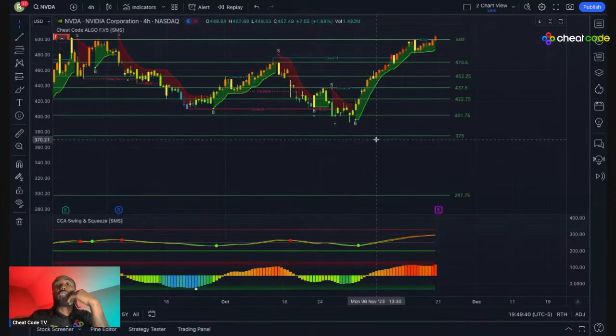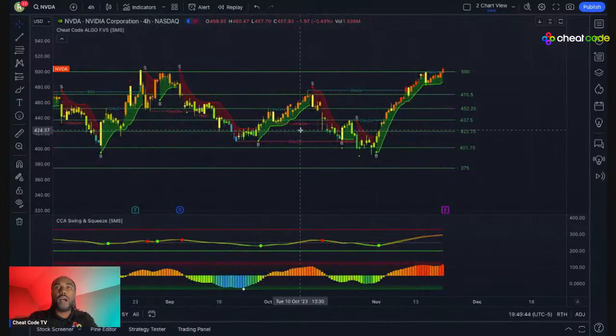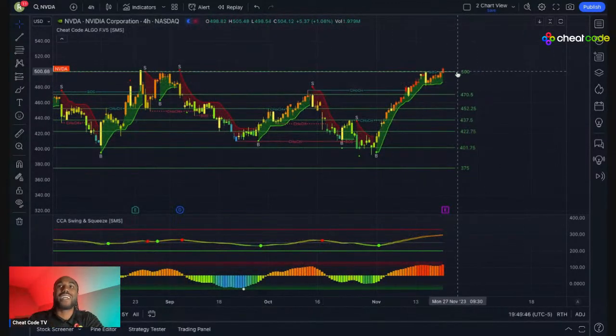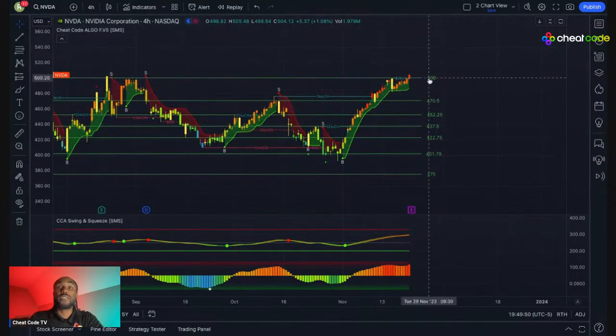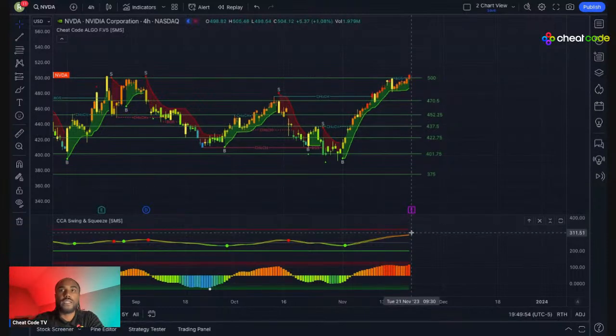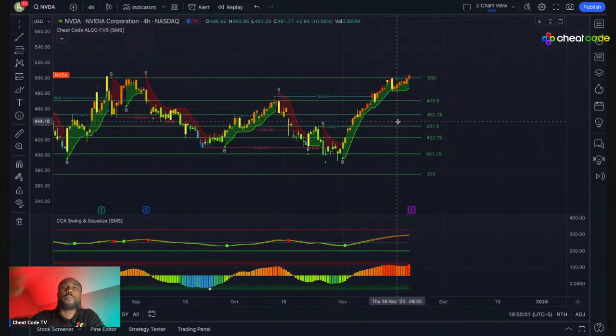So let's say you're bullish on NVIDIA, right? Well, you're running out of that high probability. Not to say that NVIDIA stock can't keep going, but by our auto Fibonacci, you can see that it's maxed out, right? On the 4-hour, right? The swing is high, the squeeze is high. That's not to say that this can't go higher. It's just to say that if you're bullish, your momentum is running out, right?